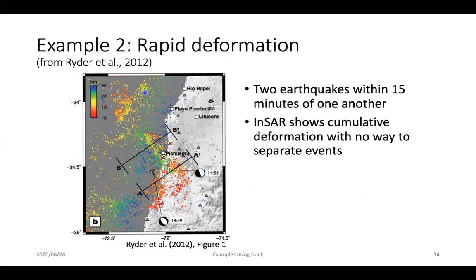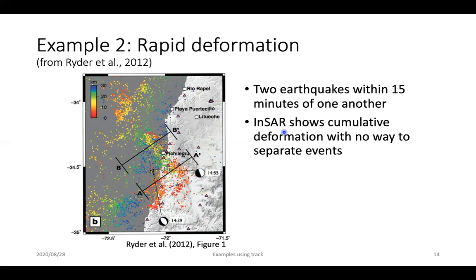And the author of this paper was using InSAR to try to determine the displacement that occurred in these earthquakes. But the InSAR data was collected before both earthquakes and then only after both earthquakes had occurred, because the earthquakes were so close together.